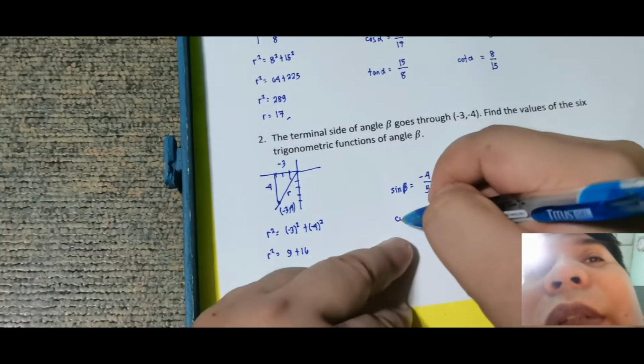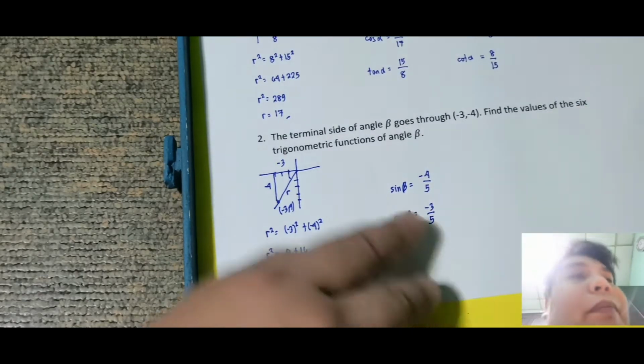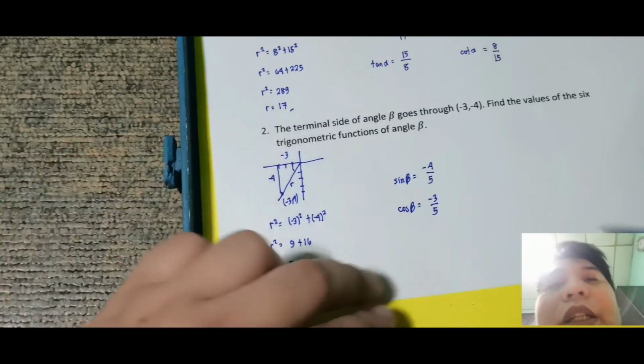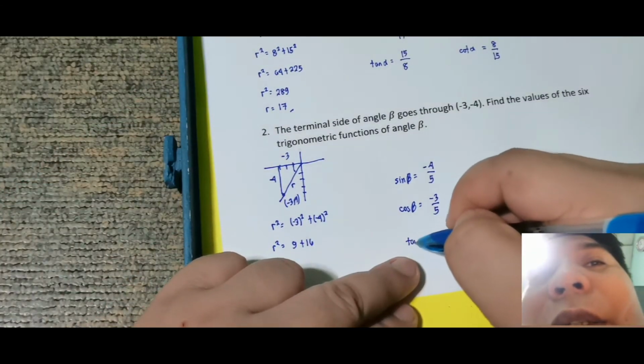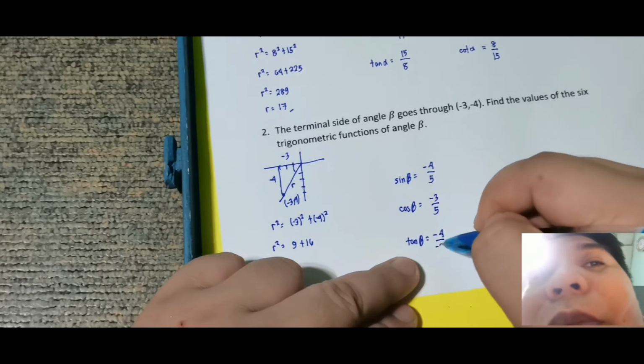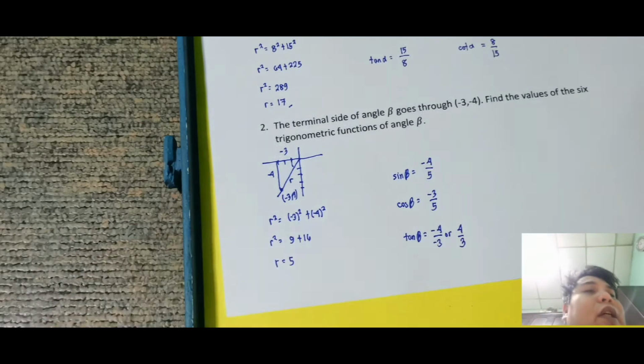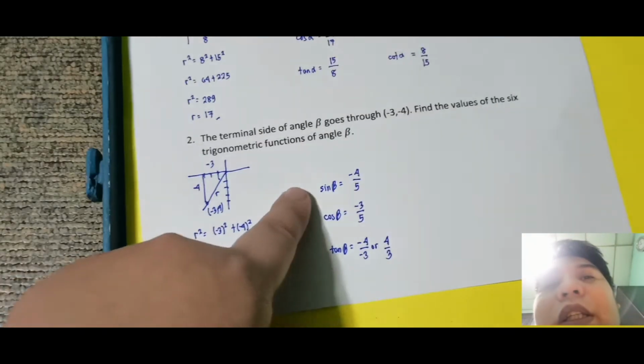Sin beta is negative 4 over 5. Okay, next is cosine beta. That is negative 3 over 5. Next is si tangent beta. Tangent beta is negative 4 over negative 3 or simply 4 over 3. Kasi negative over negative. Okay, yung technique dito, baliktarin lang.